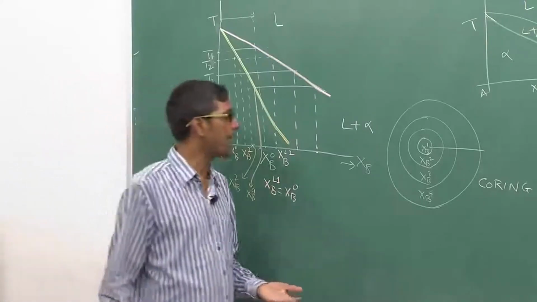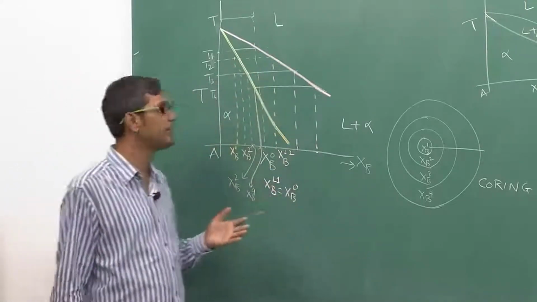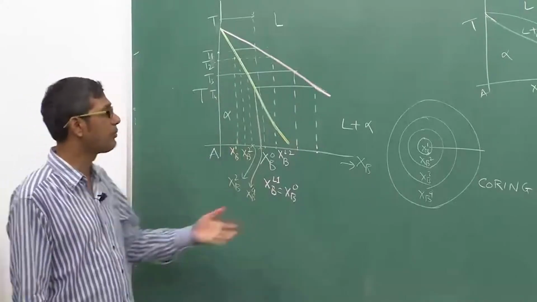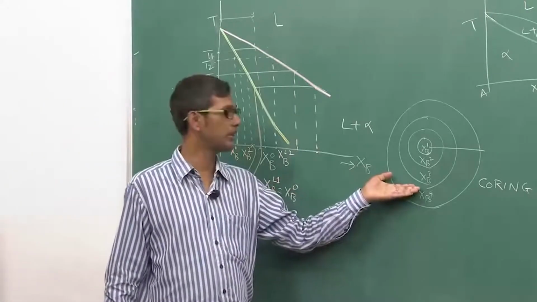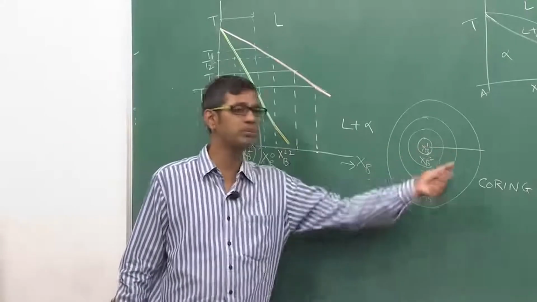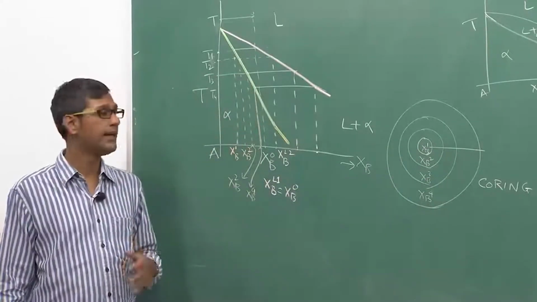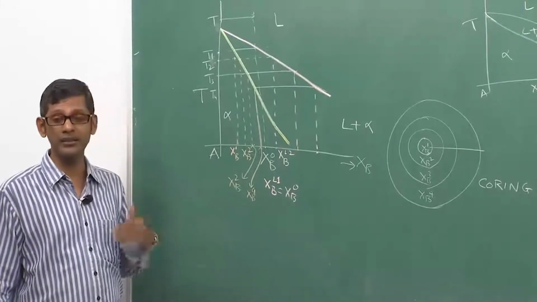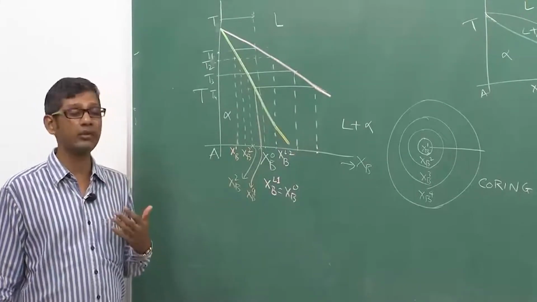Because of that, the temperature is dropped continuously from the liquid to the solid. This situation, where the compositional gradient develops from the center to the periphery, is very, very common, and it has been observed in actual practice.